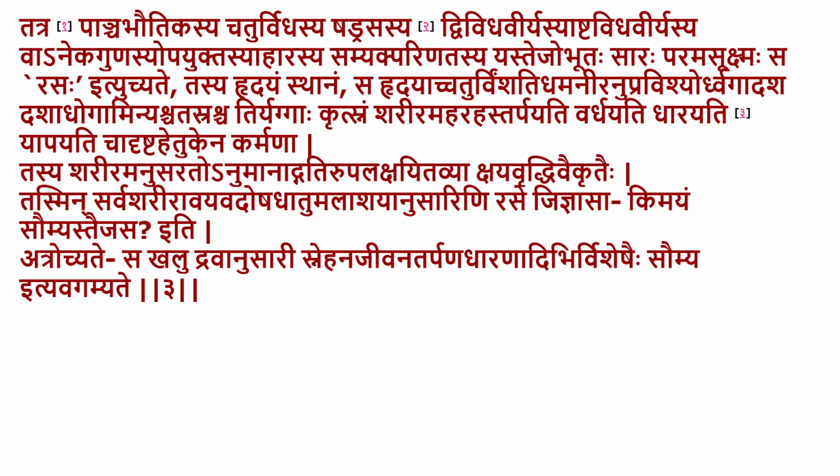In this context, when the rasa function is mentioned, Sushruta has said the dhamanis have their controlling center in the Hridaya, and there are 24 dhamanis. Among the 24 dhamanis, 10 are directed upwards, 10 are directed downwards, and 4 are directed horizontally, towards the surrounding area, distributing around the body.